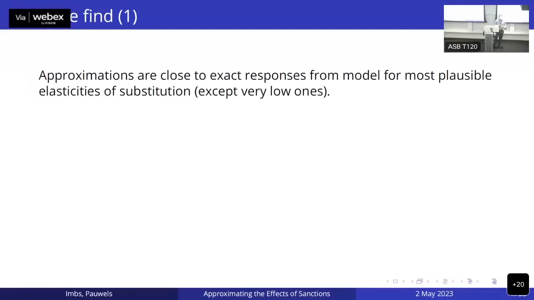This is generally speaking, but this is not true for very, very low elasticities of substitution, such as 0.005 or lower, then the exact responses are different from the approximation. But for a wide range of plausible elasticities of substitution, our approximation seems to be doing quite well.